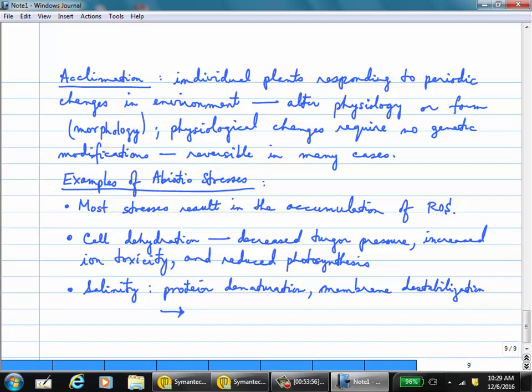So reduced above ground growth, and reduced above ground growth means you'll have a lesser number of leaves and so on. So the photosynthesis will be less. So reduced photosynthesis.